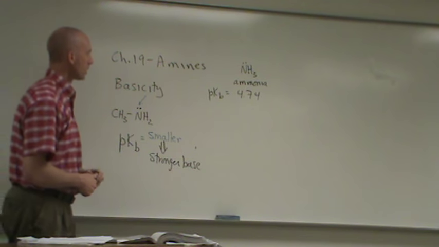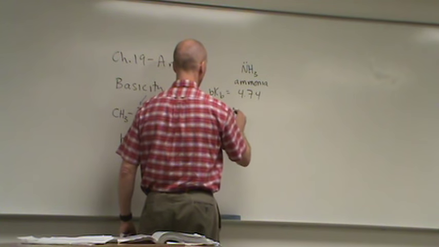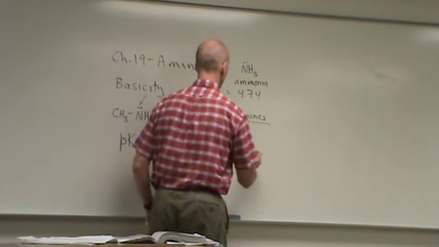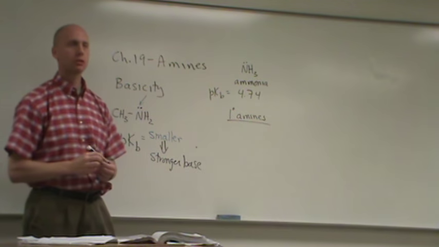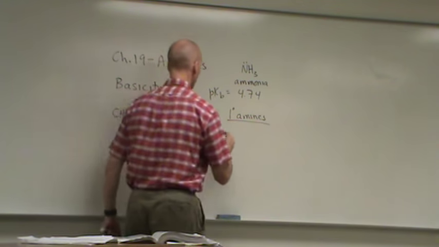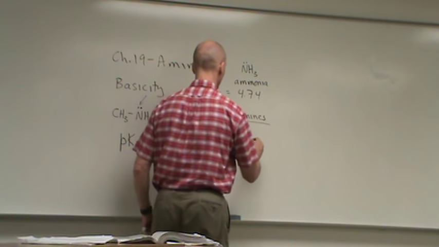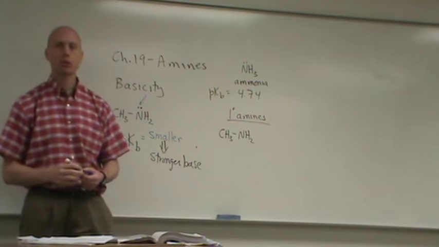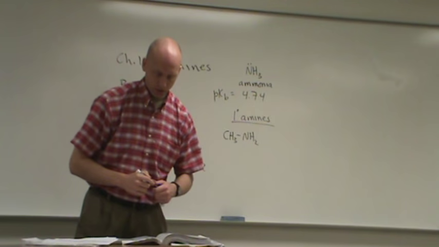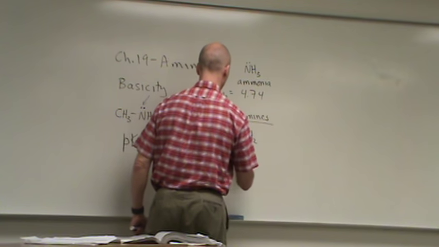So, in comparison to ammonia, let's look first of all at primary amines. One example of a primary amine is this one here, methylamine, and it has a pKb of 3.36.